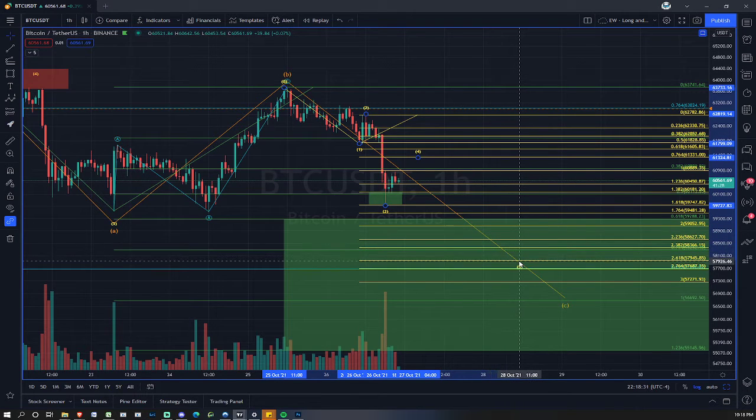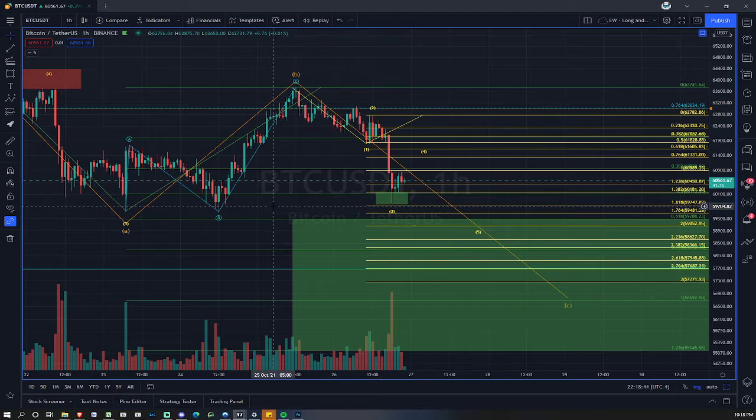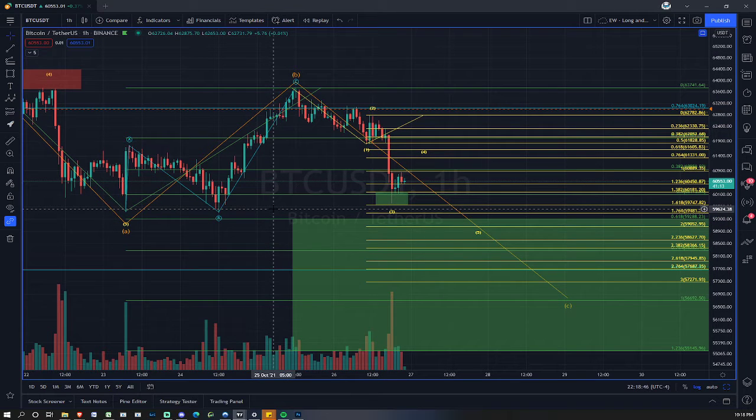It could push down a little bit further into these lower fibs here. But the confluence right now kind of makes it seem like 59 might be all we get. So if you've been waiting to buy in, I would certainly have some buys ready there, right at the top of that region around 59.